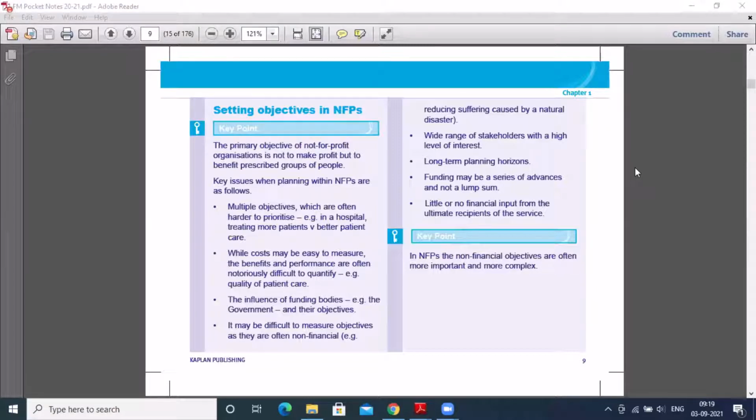So naturally we can expect a high level of interest from the subscribers. And as I mentioned, the government also donated land to the sports complex, so definitely the government will also intervene in the regular operations. So this is known as a wide range of stakeholders with a high level of interest.